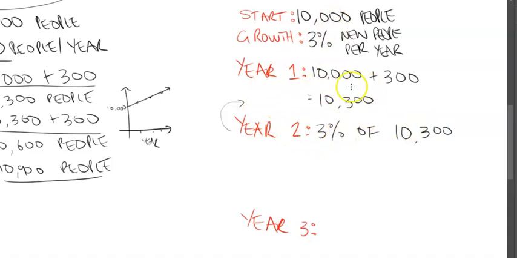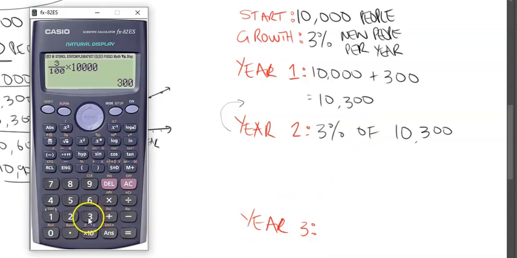We've got a new amount now because the 300 have already been introduced into the first year. So we work out 3 over 100 times 10,300.